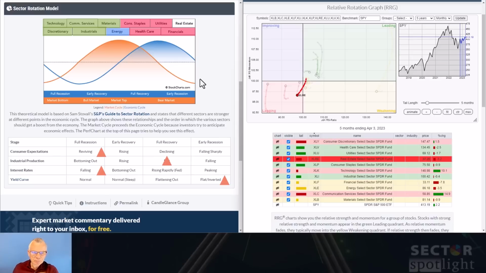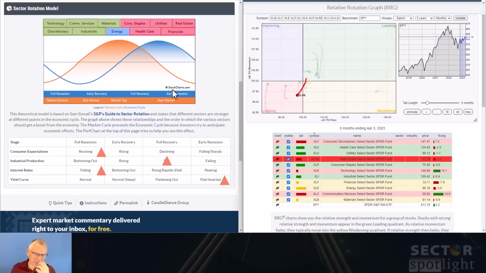So with that, we've got the sectors that are right here, so technology, discretionary, communication services, industrials, materials, they're all either good or moving to good. And we've got more clearly a weaker rotation for staples, healthcare, utilities, and definitely for real estate and financials.